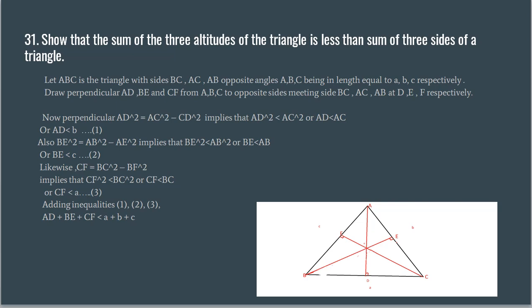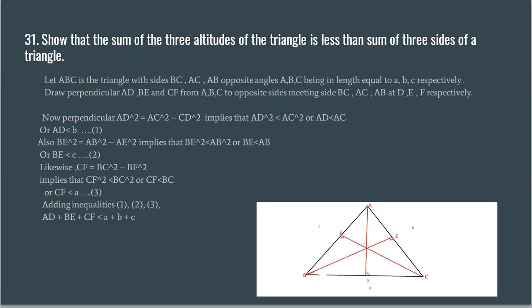Which implies that AD square will obviously be less than AC square. So which further implies AD is less than AC, because AC, this side, is represented by length b, so AD will be less than b.